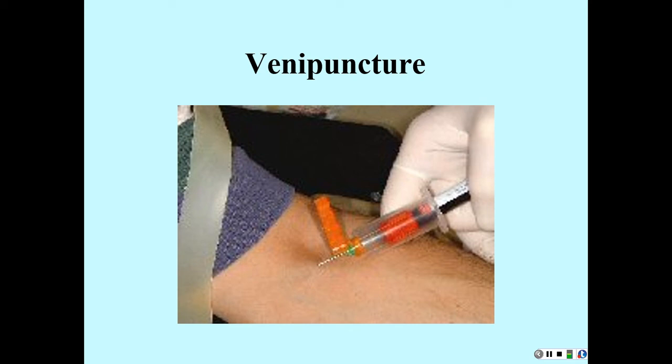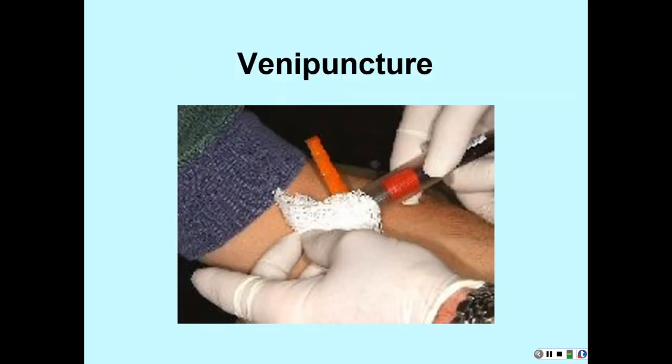If you need more than one tube of blood, you're holding your vacutainer with one hand, you pull this tube off, you pick up your next one and slide that one on, and it fills up, and you can just go as long as you need. You keep your tourniquet on because it keeps that vein engorged.